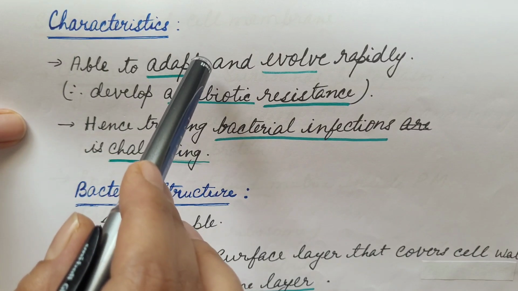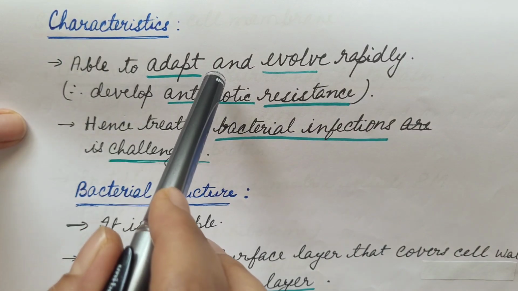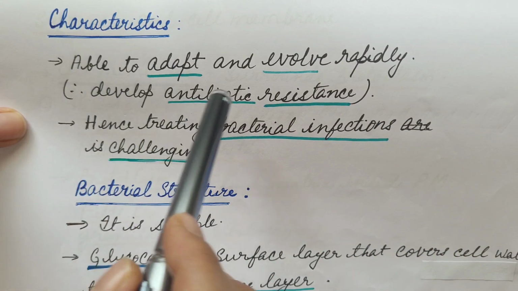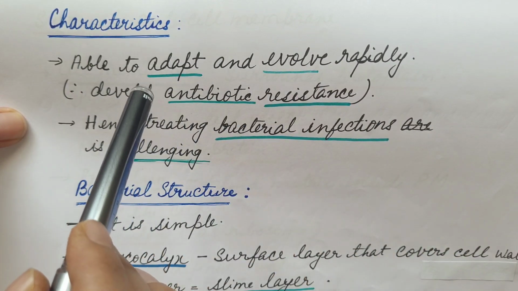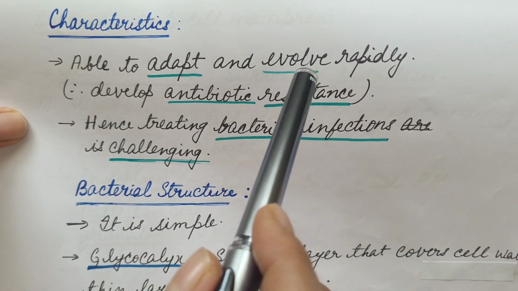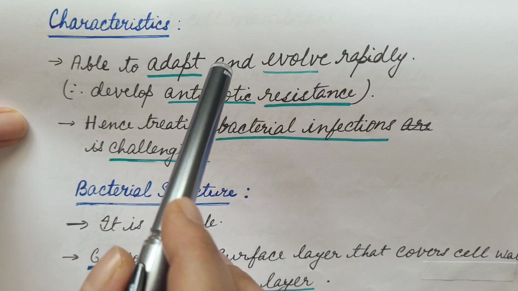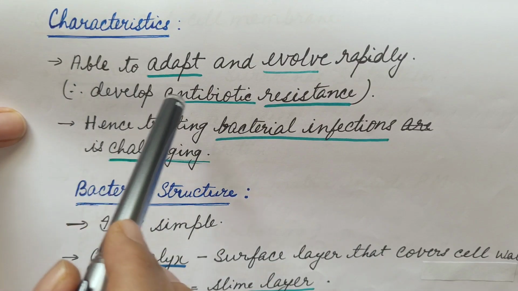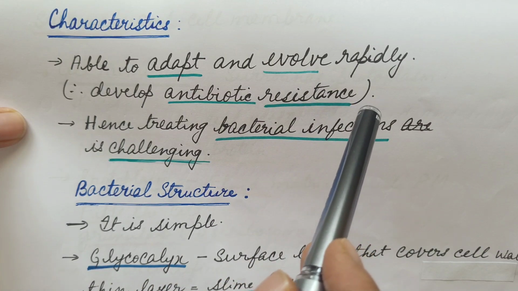Characteristics of Eubacteria. These are able to adapt and evolve rapidly. So with the changing environment, these evolve themselves in order to adapt to that environment. Because of this, bacteria develop antibiotic resistance.